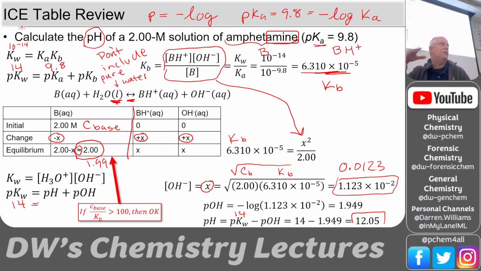Then this will produce less than 1% error. And so we got 2 divided by 6.3 times 10 to the minus 5. So just think on the 10 to the minus 5. We got 2 divided by something that's 10 to the minus 5. So that's way bigger than 100. So we're okay with that assumption.